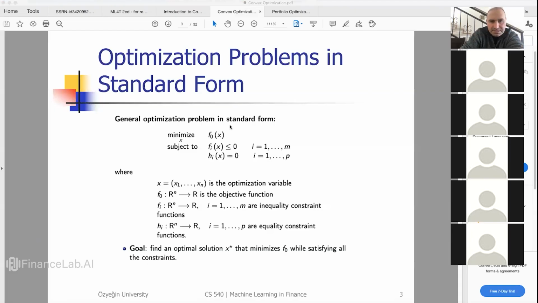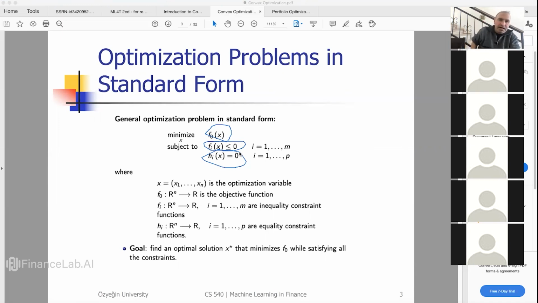Seen the problems here. So in general form, the general optimization problem, we have an objective function, f0(x). We have inequality constraints, fi(x) smaller or equal than 0, as you see here. And we also have hi constraints, hi(x) equal to 0, which are equality constraints.